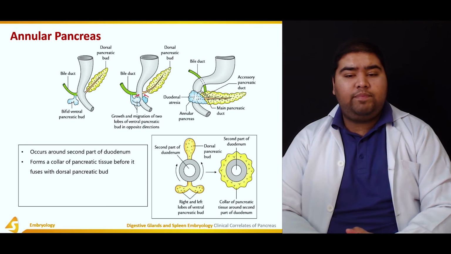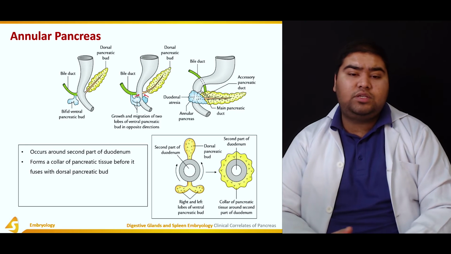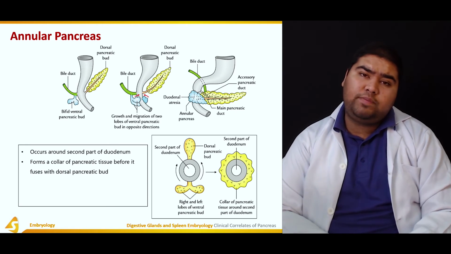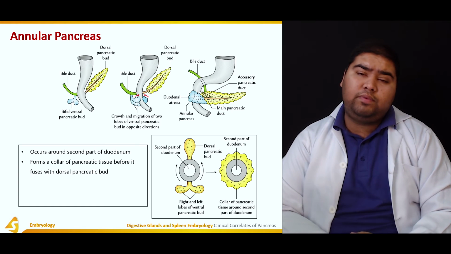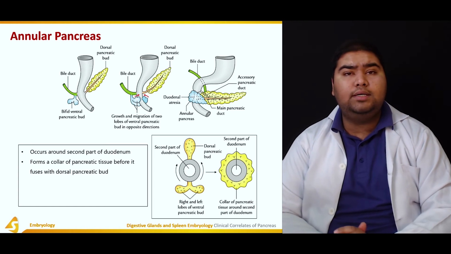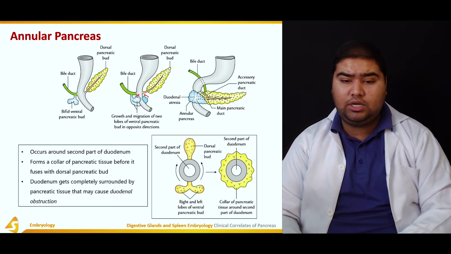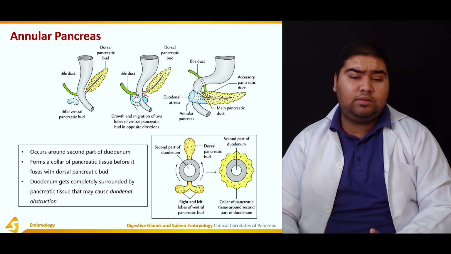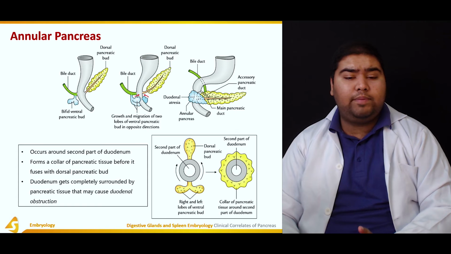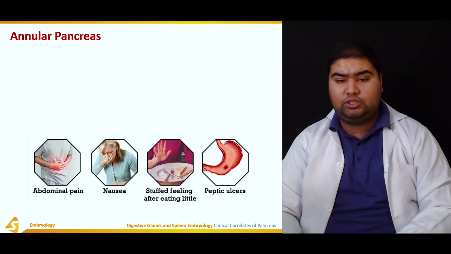It forms a collar of pancreatic tissue before it fuses with the dorsal pancreatic duct. It does finally fuse with the dorsal pancreatic duct, but before doing that, it forms a collar of tissue around the second part of the duodenum. Now, since the duodenum becomes completely surrounded, it may cause duodenal obstruction.